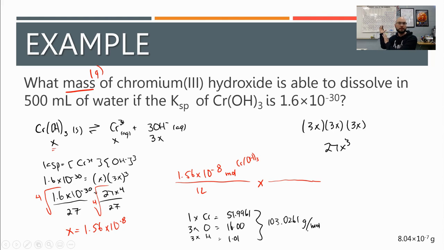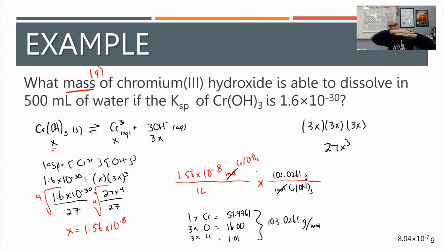I got all those masses from the periodic table behind me. So I'm going to use that. Notice that mole's on the top. So 1 mole of Cr(OH)3 has a mass of 103.0261 grams. Okay, so moles are going to cross off here. And now I've got 103.0261 grams per liter.